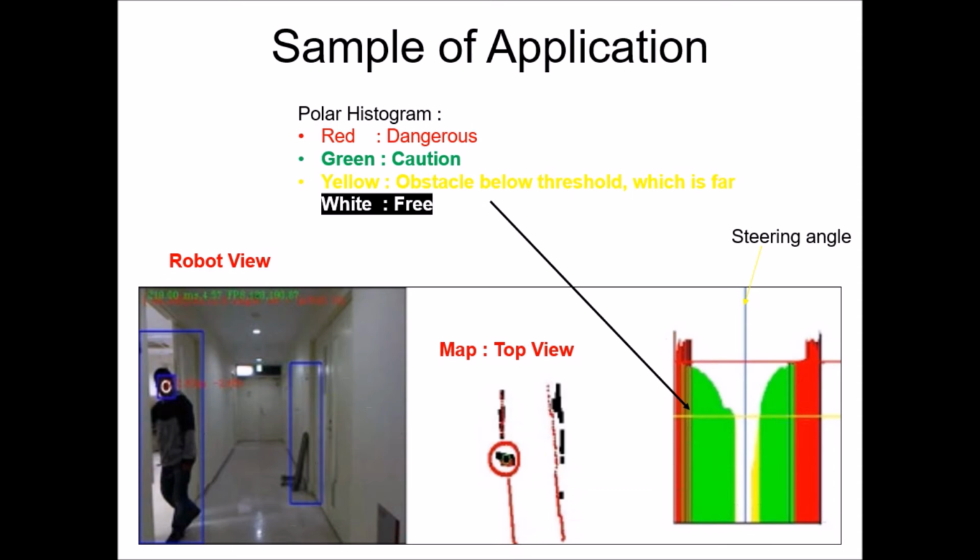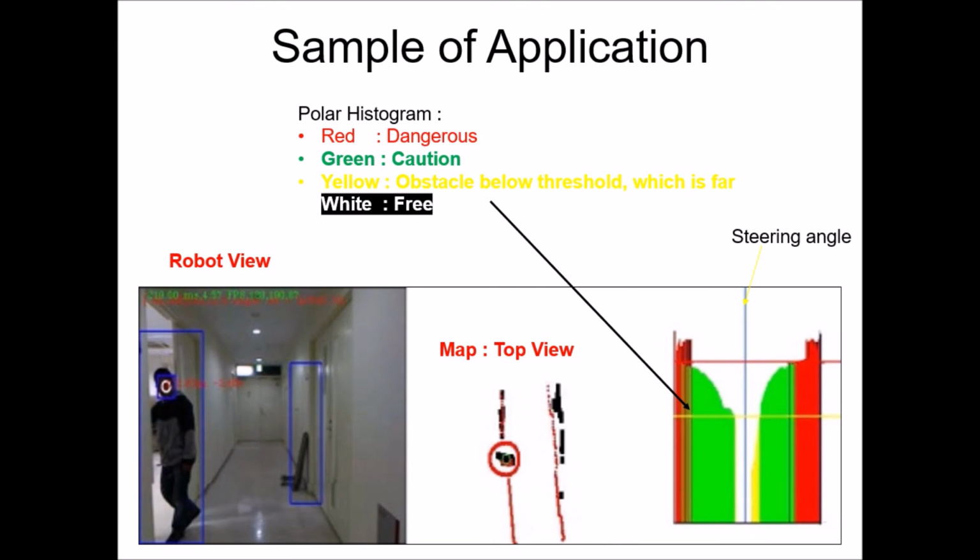This is the polar histogram, in which it will generate the polar density of the vector field histogram. For this particular case, the red means that this is a dangerous obstacle that the robot should avoid. Green means that this is an obstacle that is quite near to the robot, so we just put it in the caution list.